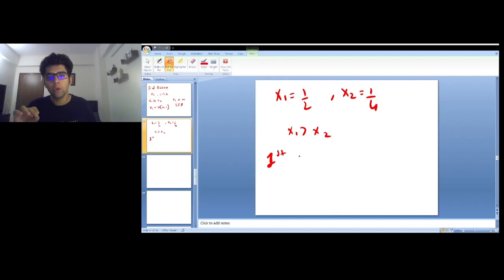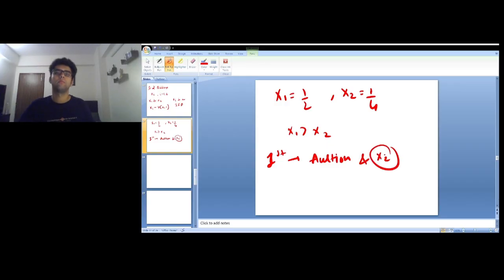So the first buyer wins the auction, because x1 is greater than x2, and he will pay only x2.